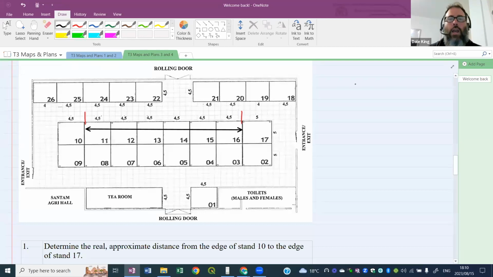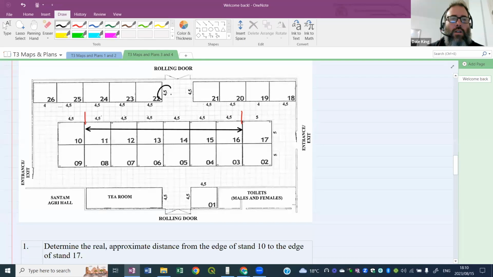Anybody in chat? Anybody? Somebody? If you want me to zoom in, I'll zoom in. Speak to me, guys. I need the distance.